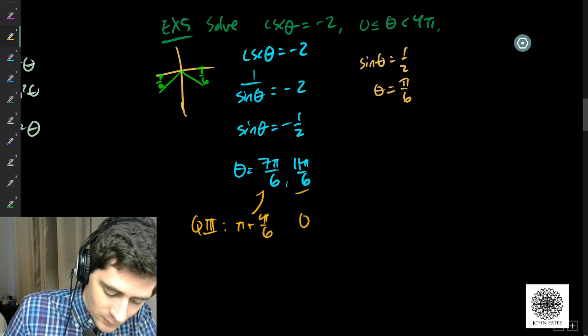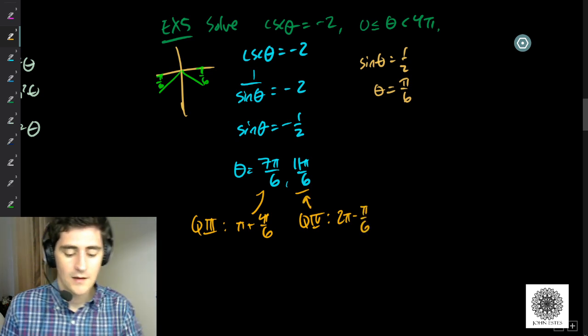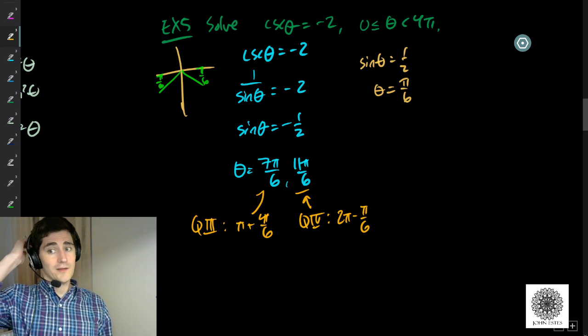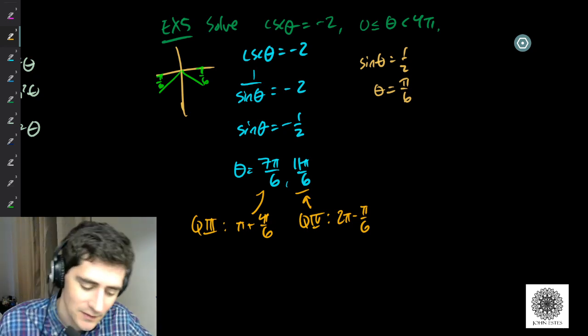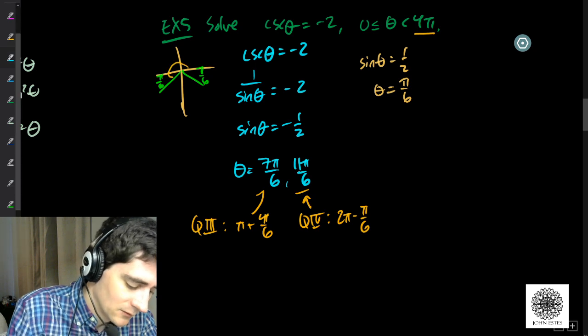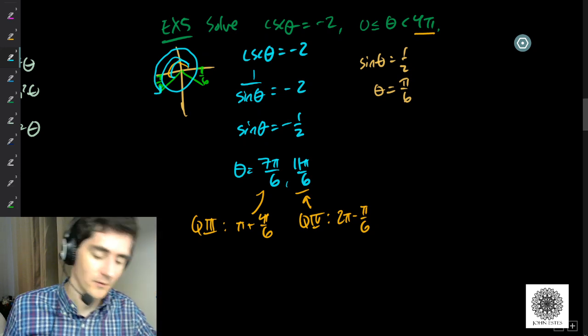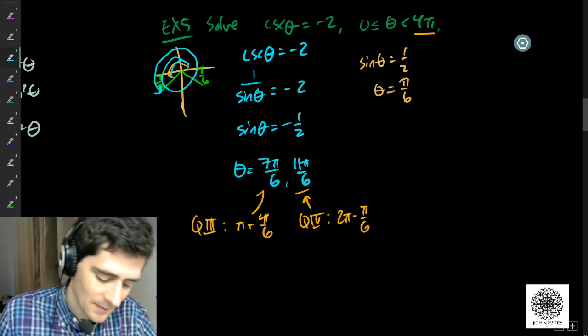And for quadrant 4, I said 2 pi minus pi over 6. And that's how I got those. Okay, and this is not quite the correct answer. Why is that? Because we wanted to go all the way up to 4 pi. So I don't need just these angles, but I also need going a full revolution and ending up back where I started. So how do I do that?